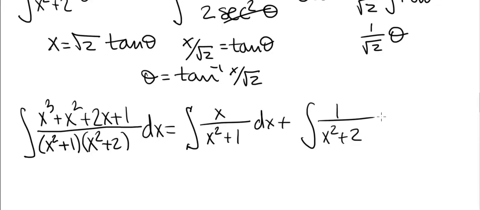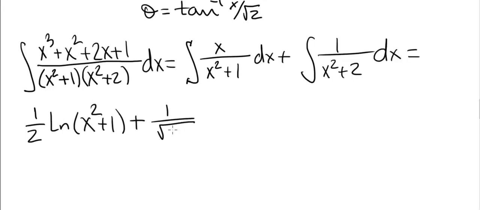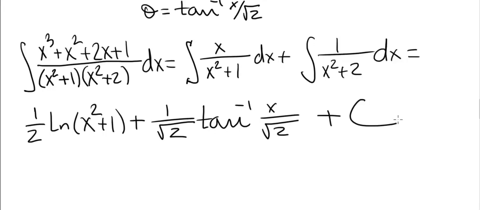And now we evaluated both of these integrals. The first one is 1/2 times the natural log of x squared plus 1. The second one is 1 divided by square root of 2 times inverse tangent of x divided by square root of 2. And now we can add the constant of integration at the end.